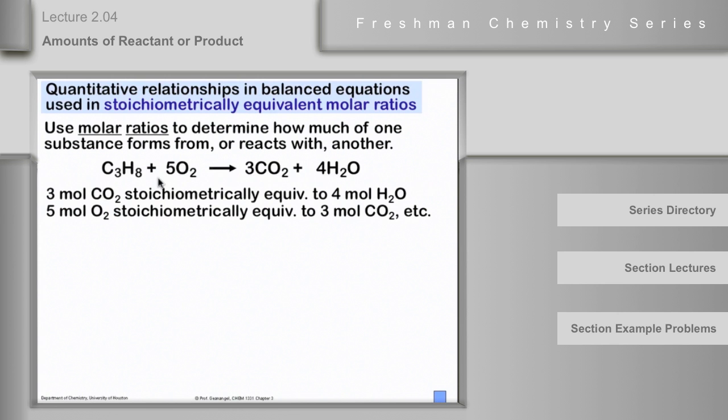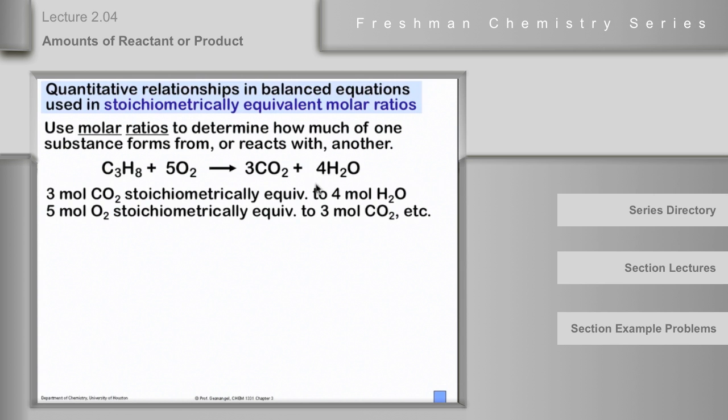Now, if you're interested in the relative quantities of reactants and products, it means if you get 3 moles of CO2, you're going to get 4 moles of water. Or if you want it in terms of mass, if you take 3 moles of CO2 and convert that to the mass of CO2, you can figure out the mass of water by taking 4 moles of water and converting that to mass of water and use that ratio.